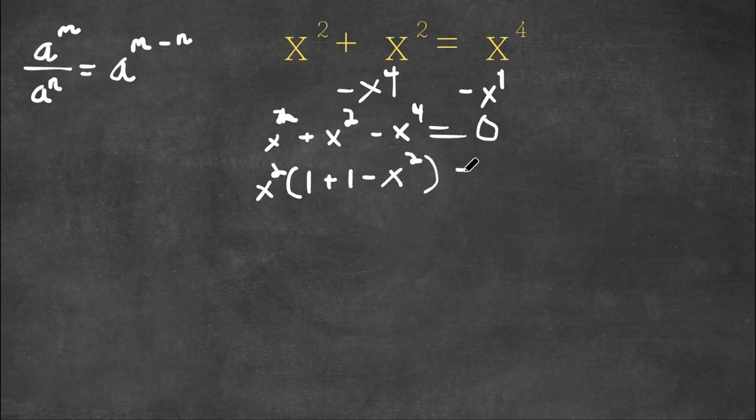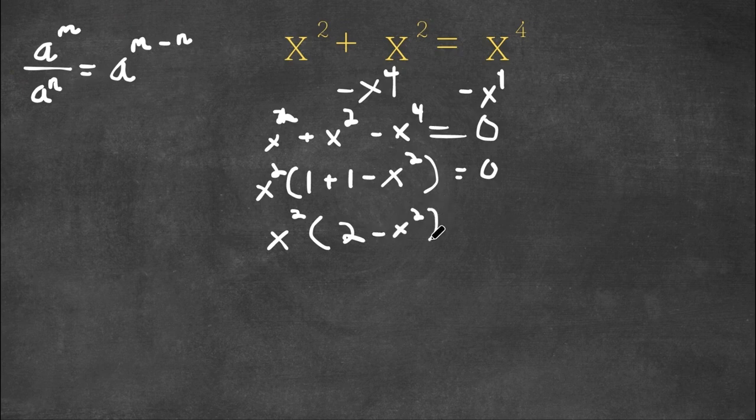And this is equal to 0. Now 1 plus 1 is 2, so now we have x squared times 2 minus x squared equal to 0.